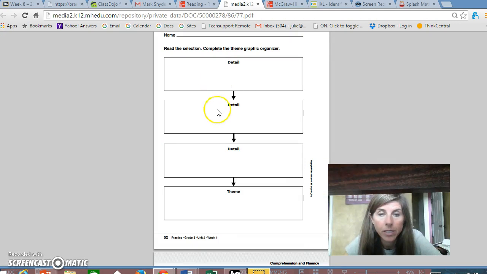So you'll be doing an assignment that looks like this. And I think you have to do it twice this week. It might be 3 times, where you have to come up with a theme, what is the author's message they're trying to get across to you after you read it. And then you come up with the details of what made you come up with that theme, or what you think the author's trying to teach you in a story.